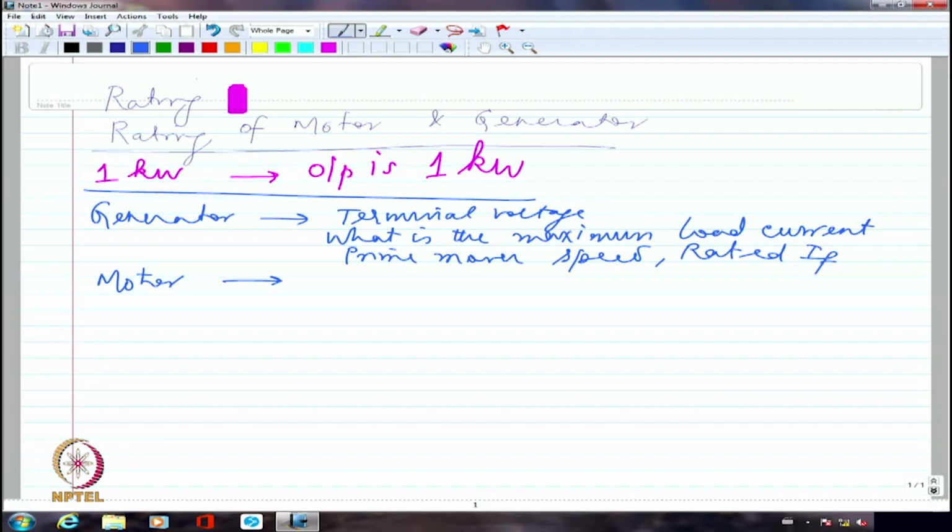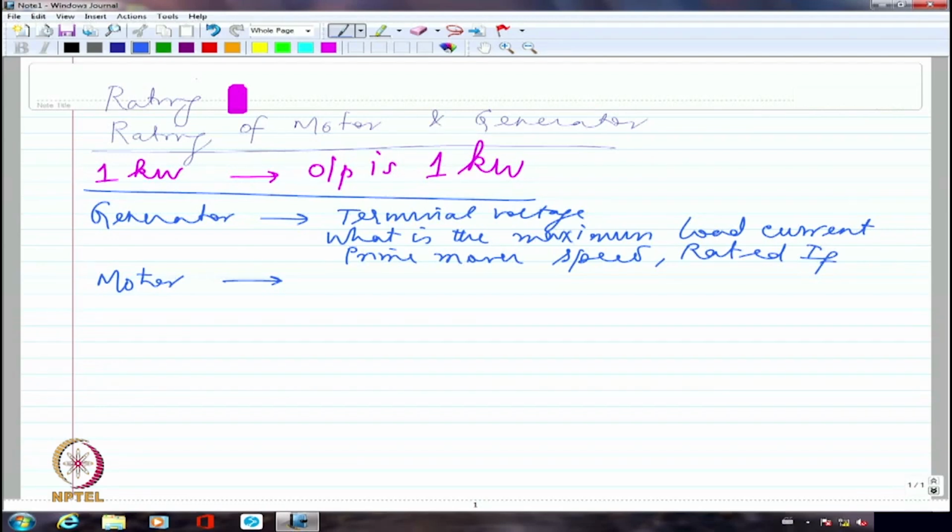In an ideal generator, I should not have gotten this discrepancy, but because of RA, which is a finite value, I am going to have an internal drop, which is going to cause some regulation in this particular generator. This is true for any machine, whether we talk about a synchronous machine eventually, a transformer, or a DC generator, where we are talking about electrical output.